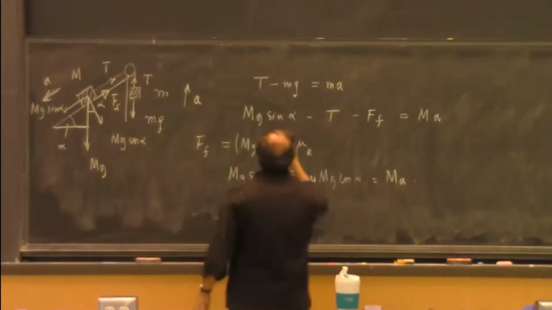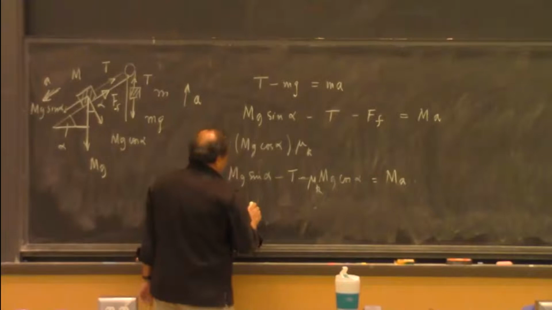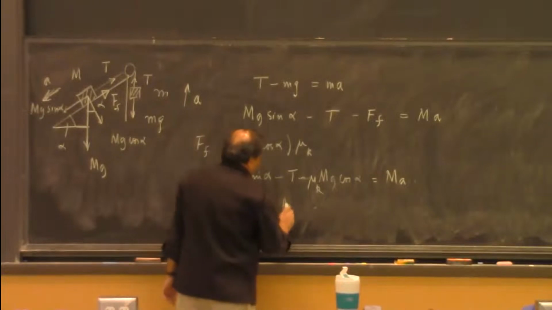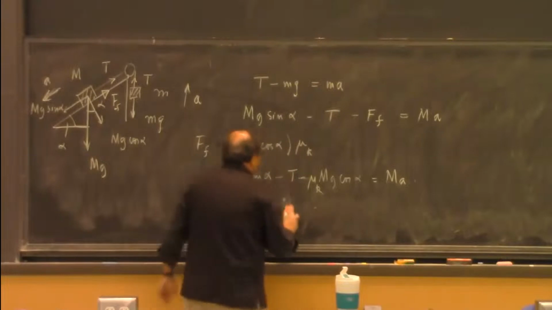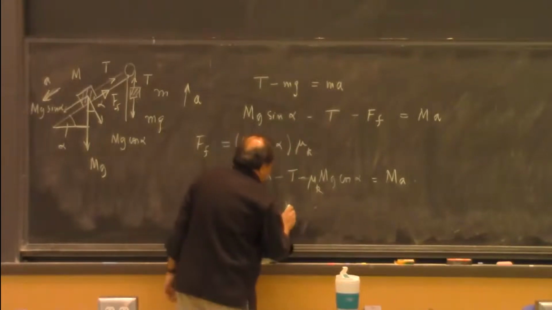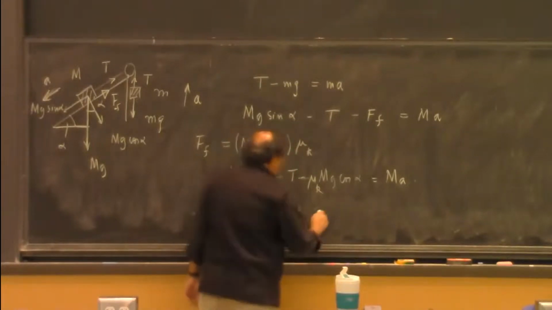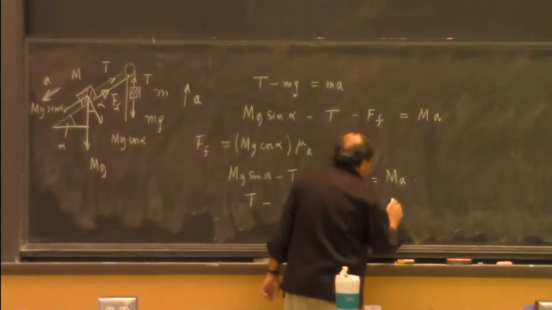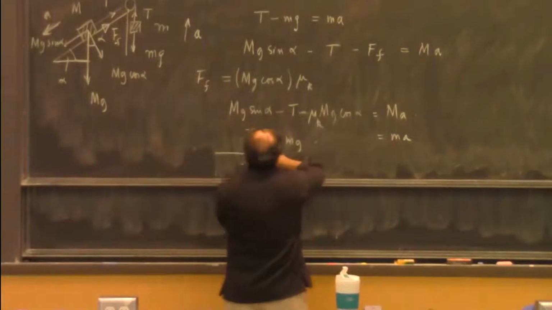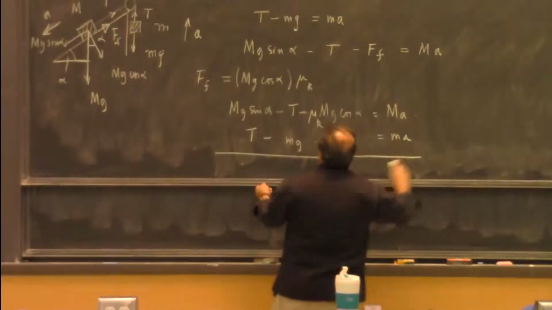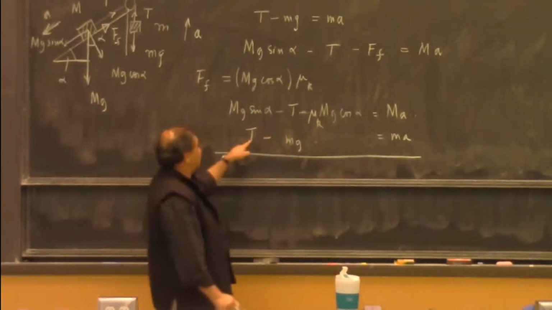Let me add the two equations just like before. So here I would write T minus small mg is equal to small m A. Okay, so that's what I have. Now I'm going to add these two equations. Why should I add? I should add them because I can see a minus T here and a plus T here.